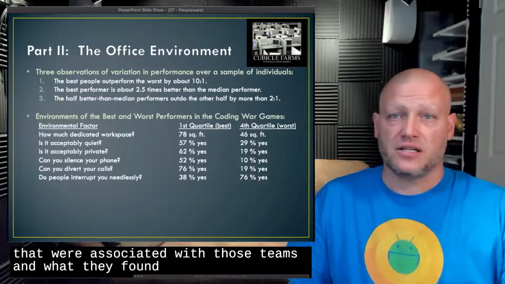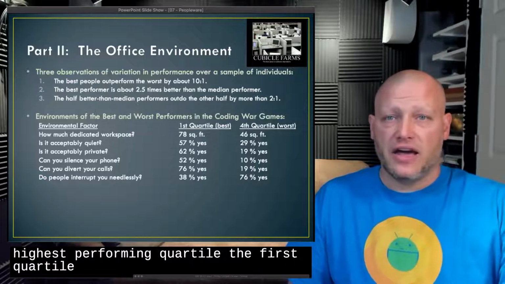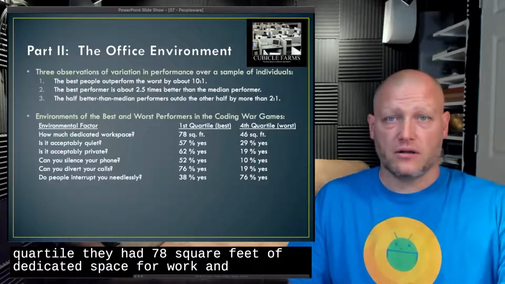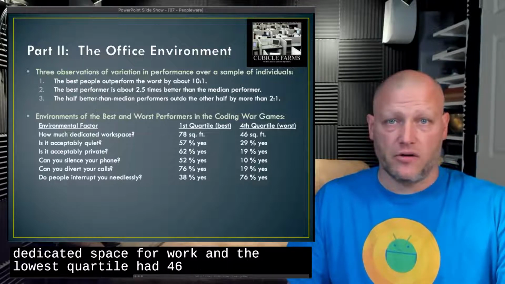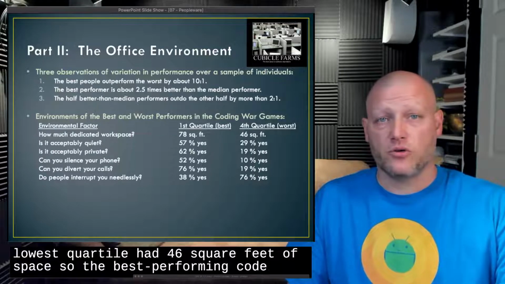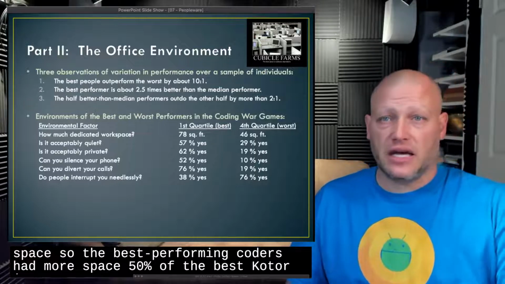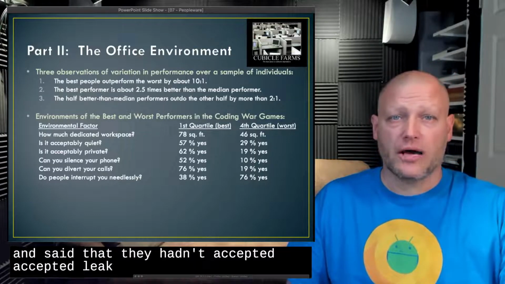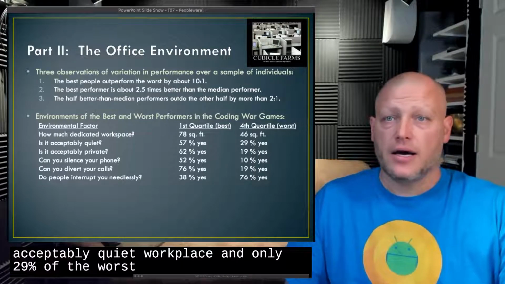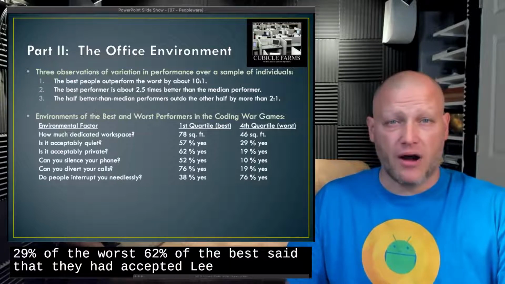And what they found is that the highest performing quartile, the first quartile, they had 78 square feet of dedicated space for work, and the lowest quartile had 46 square feet of space. So the best performing coders had more space. 50% of the best coders said that they had an acceptably quiet workplace, and only 29% of the worst said that. 62% of the best said that they had an acceptably private workplace.